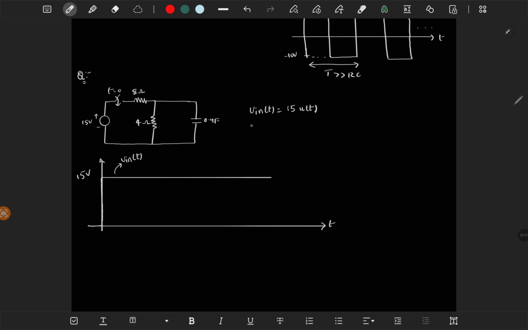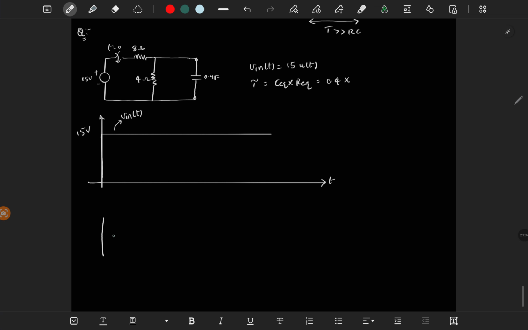And what is the time constant of the circuit? So time constant is R into C, R equivalent into C equivalent. C equivalent is 0.4. What is R equivalent? So you have to short circuit this voltage source. Then if you see from these two capacitor terminals, it is nothing but R equivalent.